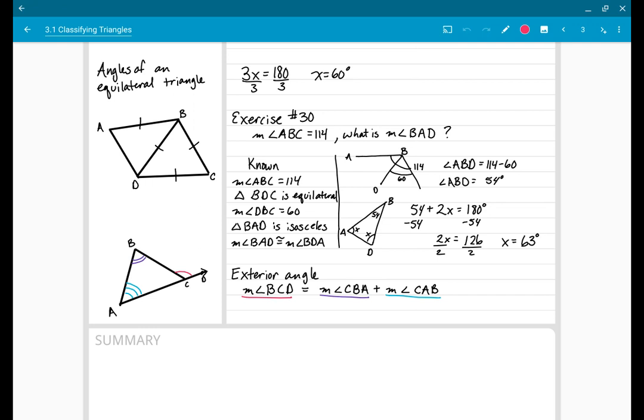It's made up of a ray extending from point A through point C, and eventually through point D. Now, that angle, because everything keeps adding up to 180 degrees, and because it makes a linear pair with angle BCA, you're going to find out that that is actually equal exactly to the two opposite angles inside of the triangle added together. And we'll work with this a little bit more in class.